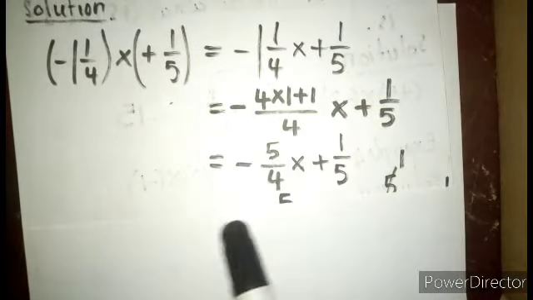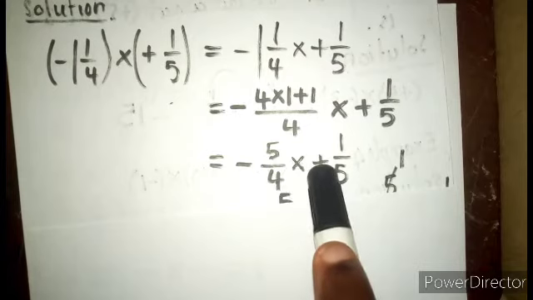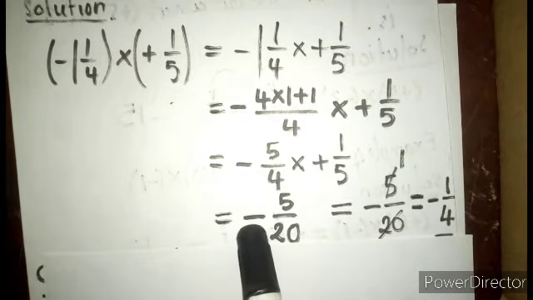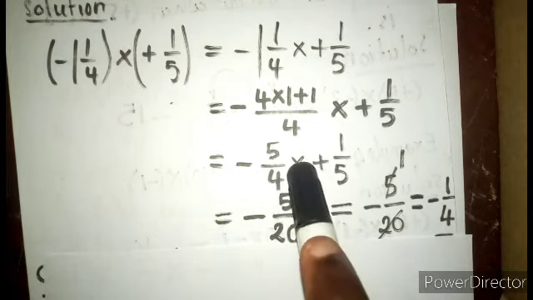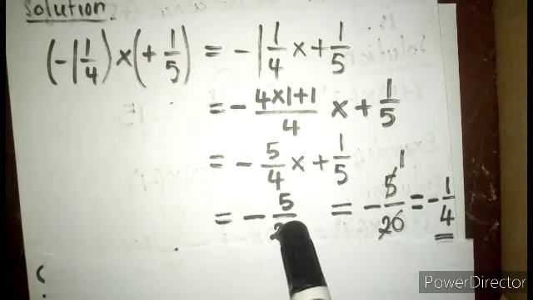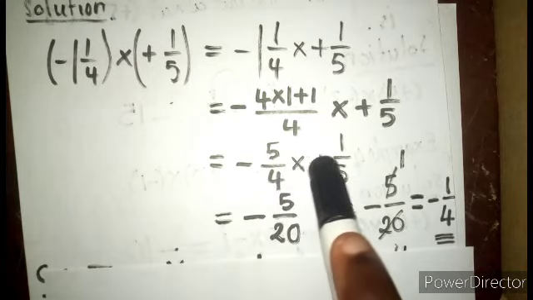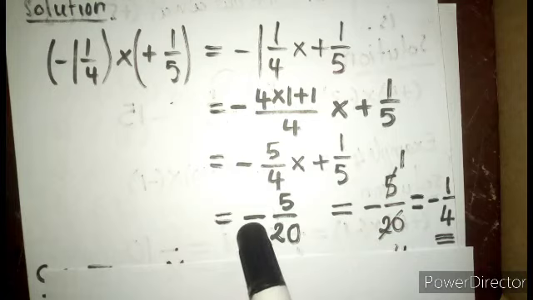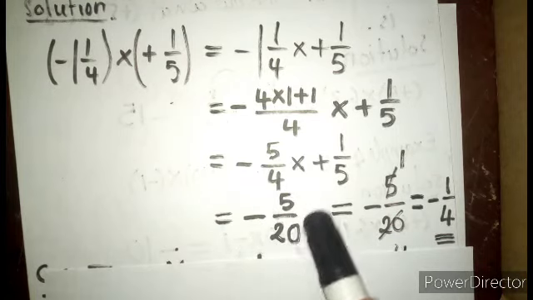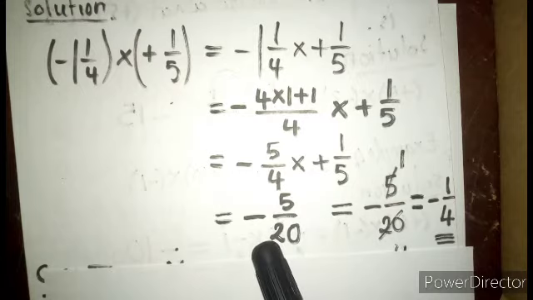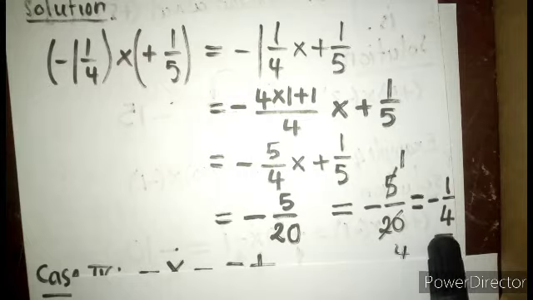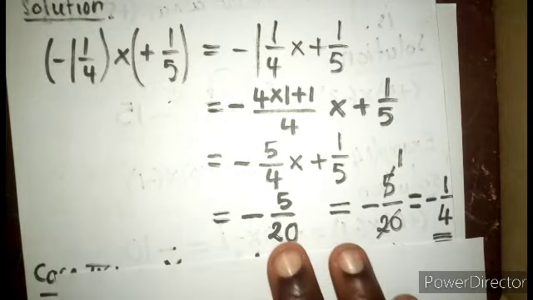Now, because minus times plus is minus, we have minus here, and 5 times 1 is 5. 4 times 5 is 20. So minus 5/4 times plus 1/5 is minus 5/20. Now 5 can go here one time, 5 can go here 20 times. So when we do that, we have negative 1/4. Good.